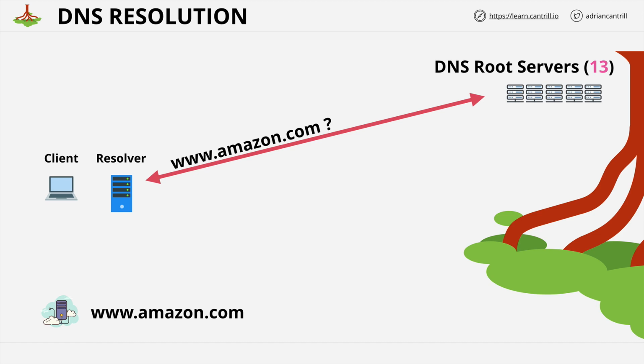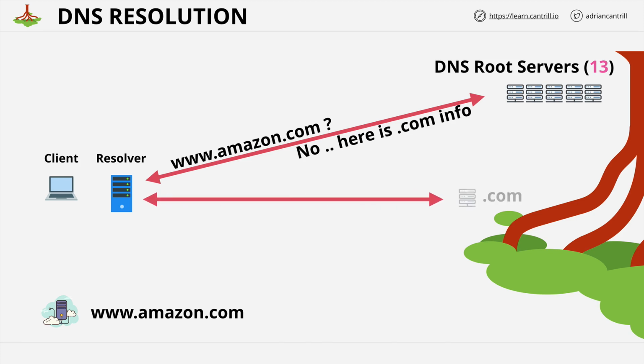Now, the root servers don't have the actual DNS record for this, but they can help the resolver get closer. They provide the .com servers because they have the name server records for the .com authoritative servers. So because they've delegated to .com, they have that information. Next, the resolver server communicates with the name servers which are authoritative for the .com domain. Again, it asks for information for www.amazon.com.